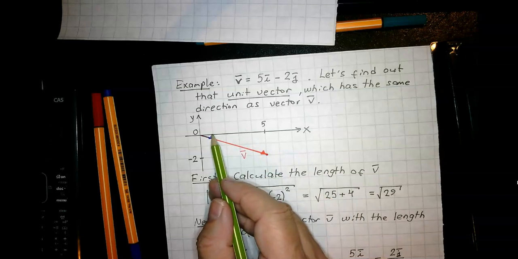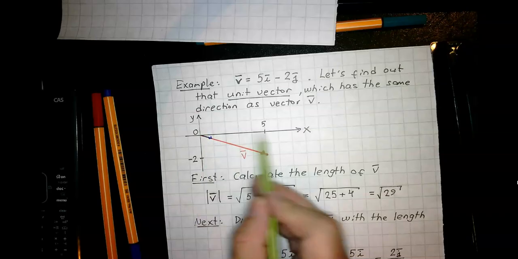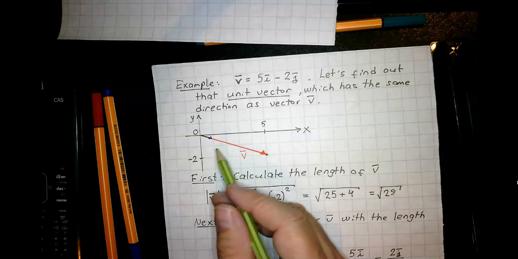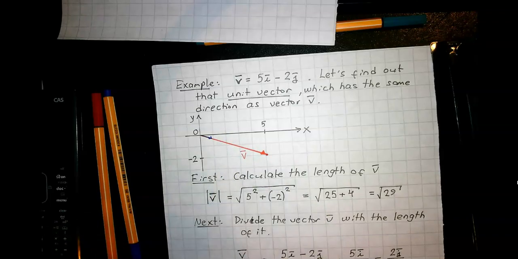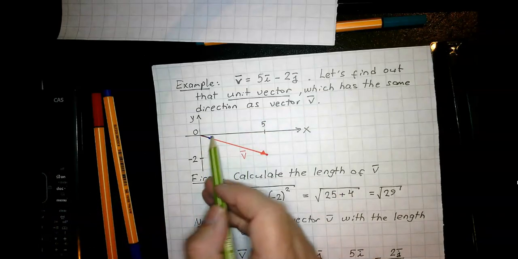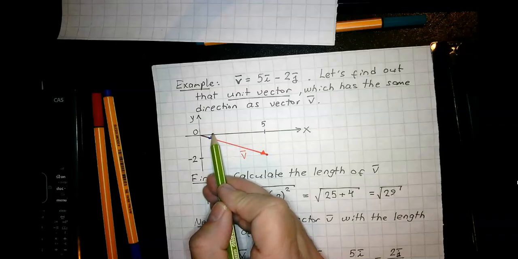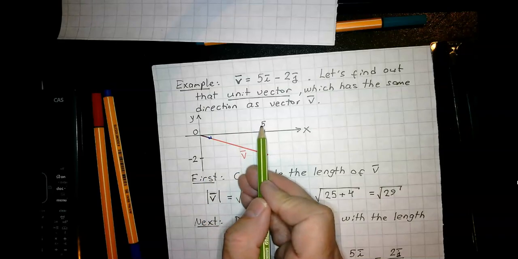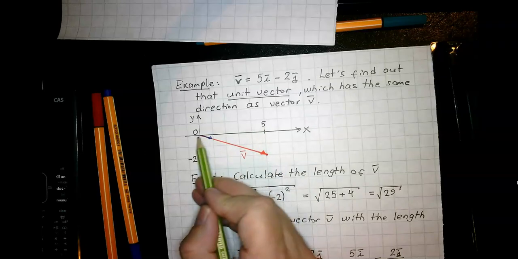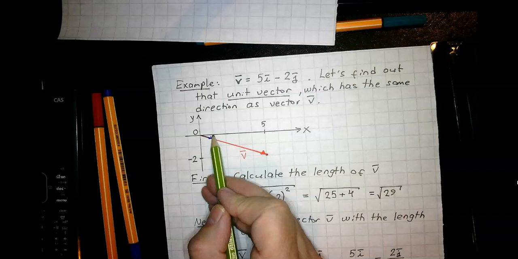But that is important. I have to choose what is the unit of this coordinate system, because if I don't know what is the unit, I can't draw anything in that coordinate system. When I know that this point means 1 unit, then I can find the 5 units here, because it's 5 times that 1 unit.